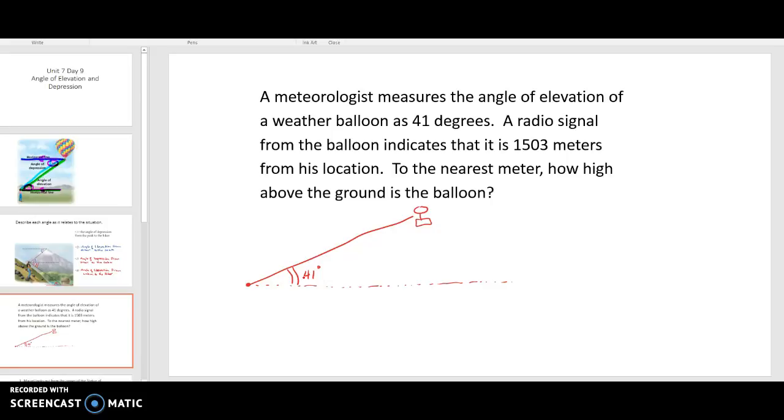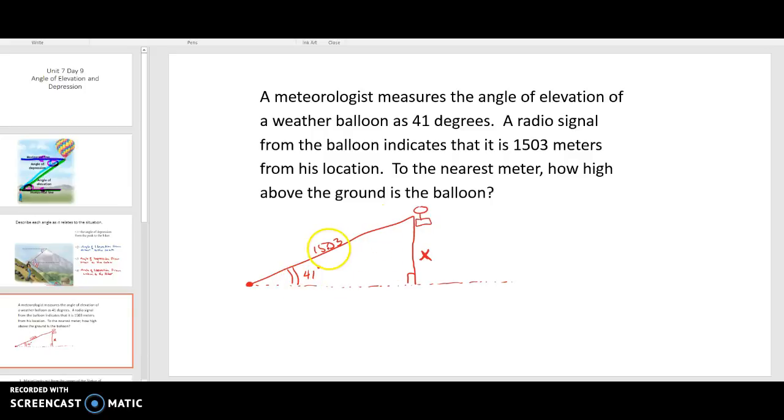They are telling you that the distance from this position to the balloon is 1,503 meters, and they're looking to see how high above the ground. So if I drop a line straight down here, there's my right angle. The height above ground is going to be the measure of this side of the right triangle.